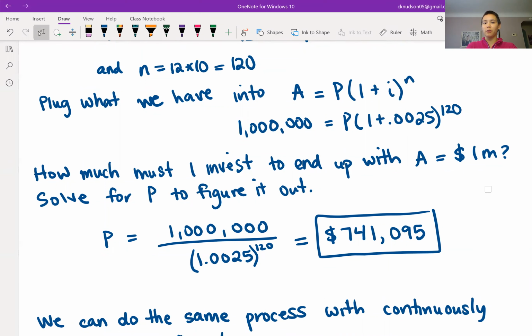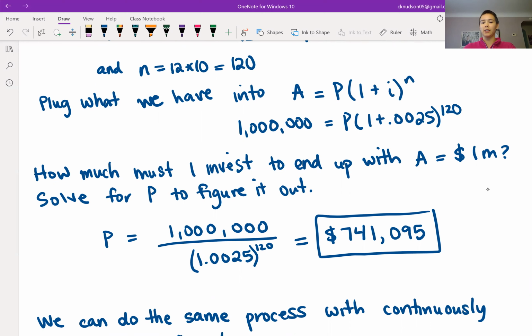What we need to do to solve for P, that means get P alone on one side of the equal sign all by itself. We need to divide both sides by 1.0025 to the 120. So go ahead and divide both sides by that, and we end up with P equals 1 million divided by 1.0025 to the 120.